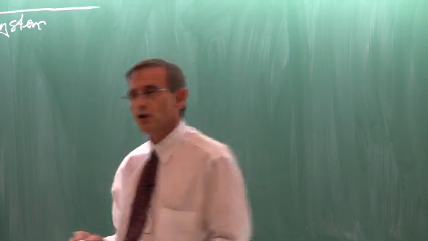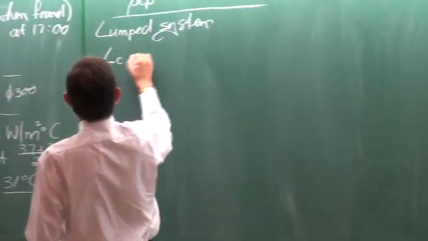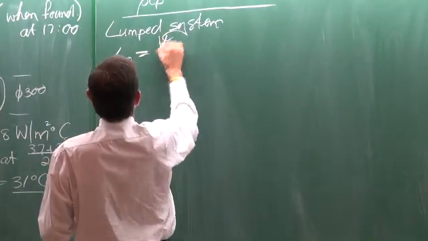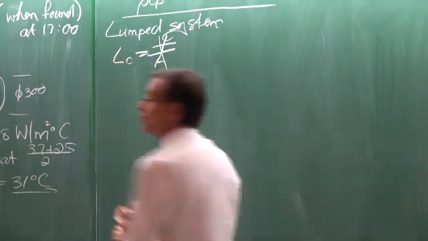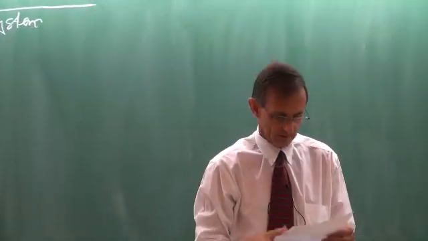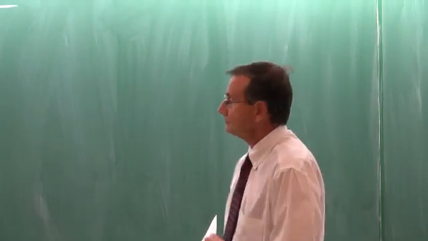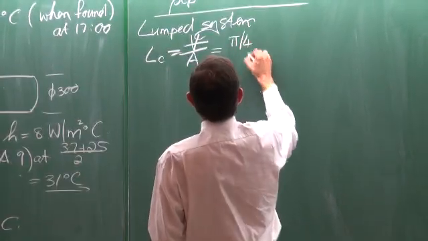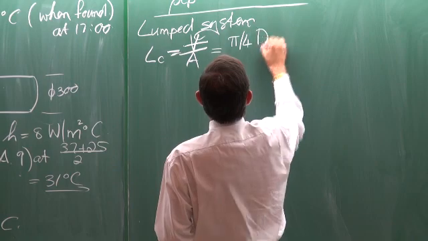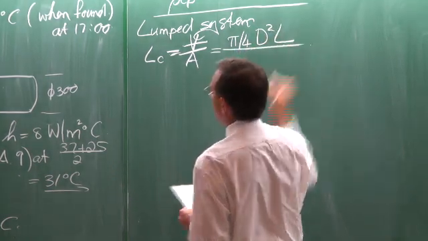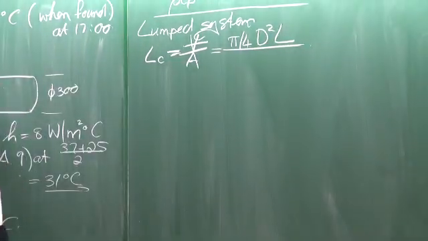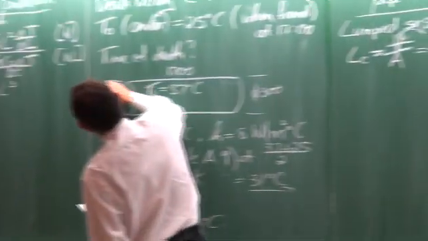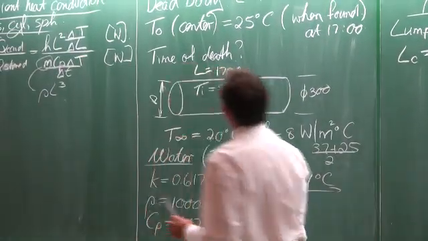And with the lumped system approach, we have to calculate the characteristic length, which is equal to the volume divided by the surface area. Okay, now the volume of that body would be equal to pi divided by 4 multiplied by d squared multiplied by L. And that would obviously be the diameter d, and that would be the length of 1.7 meters.